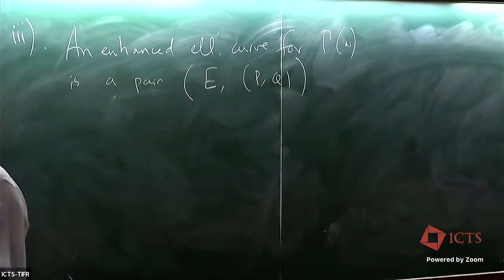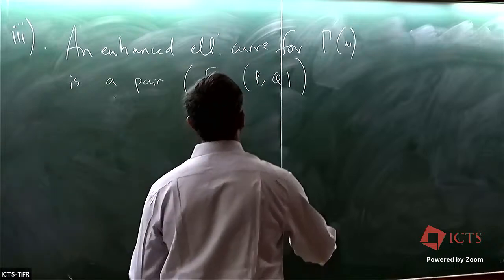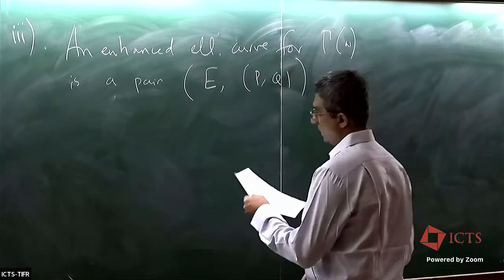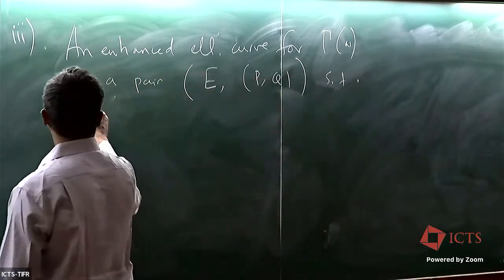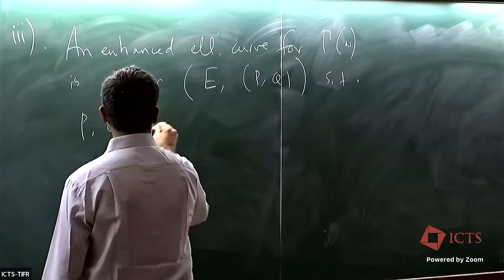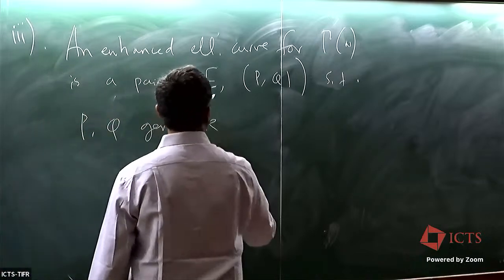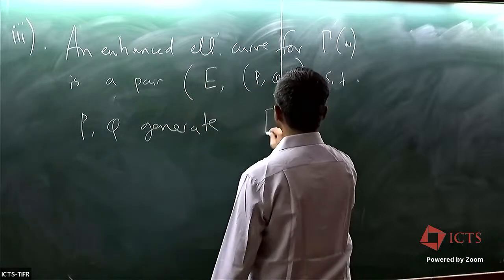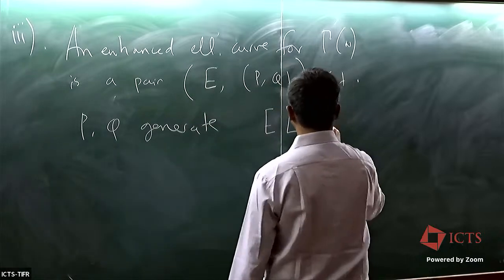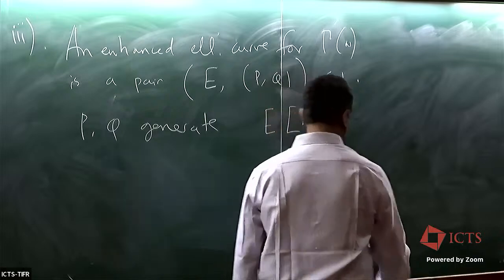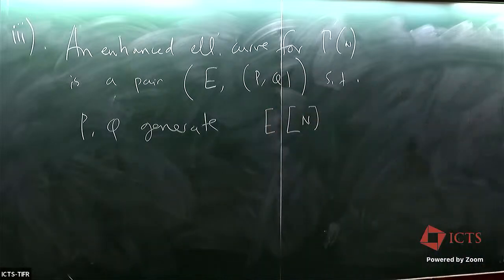Okay, I'll do that now. Such that P and Q generate the N torsion. This notation means all elements on the elliptic curve killed by N times x equals 0, where x is a point on the curve.